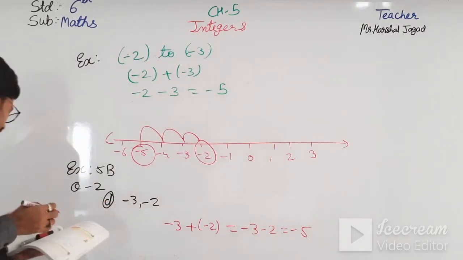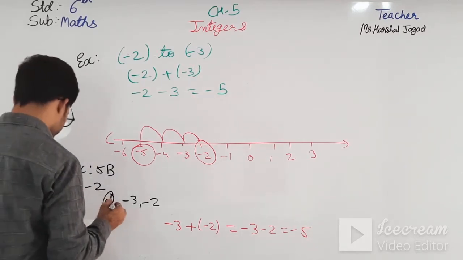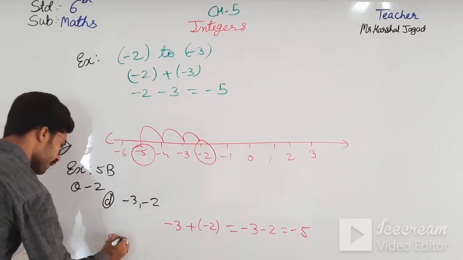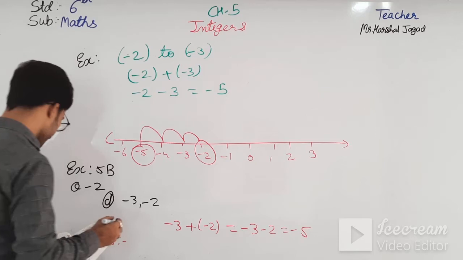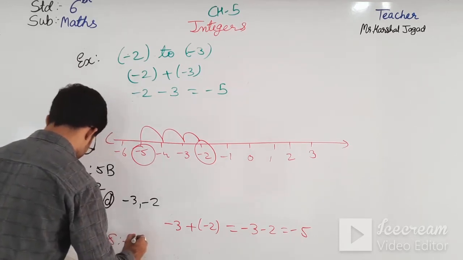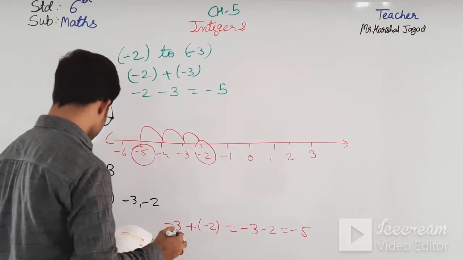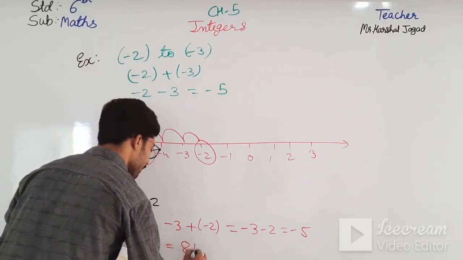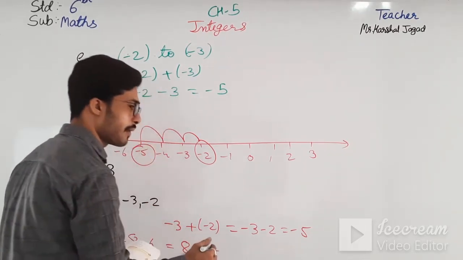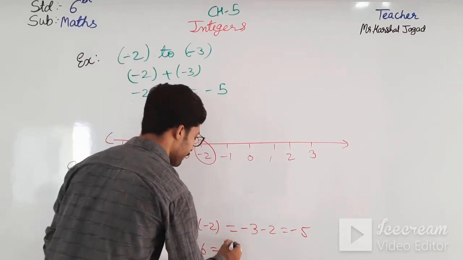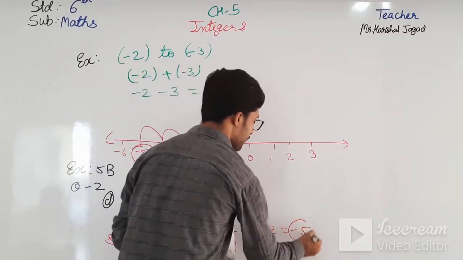Taking another one, we will take F. That is 8 and 6, we have to add 8 and 6. So 8 plus 6 is 14, that is our answer.